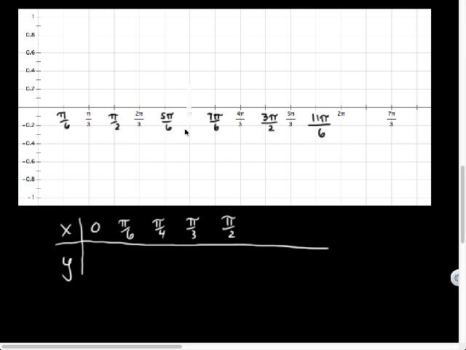That's only going to be half of our period, but with our previous knowledge about sine, in which quadrants it's positive and negative, we might be able to figure it out all the way to 2 pi as a result.